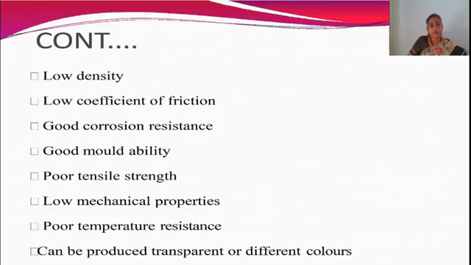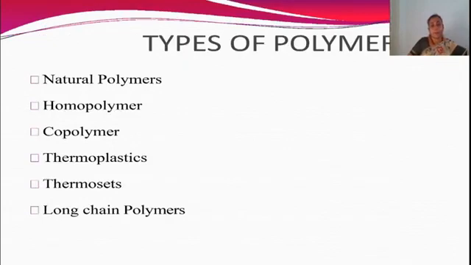Another characteristics of the polymers are low density, low coefficient of friction, good corrosion resistance, good moldability, poor tensile strength, low mechanical properties, poor temperature resistance, and finally can be produced transparent or in different types of colors. On the basis of this, we can discuss the types of polymers.